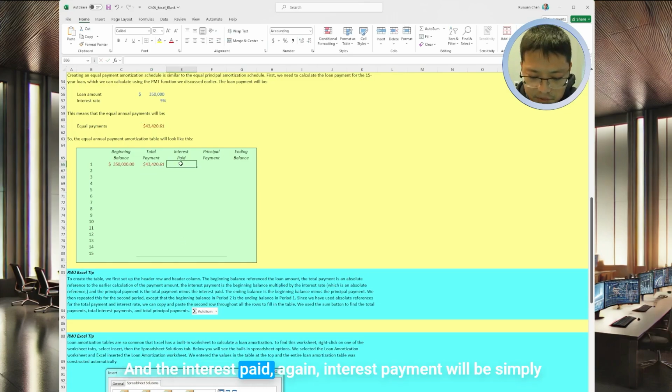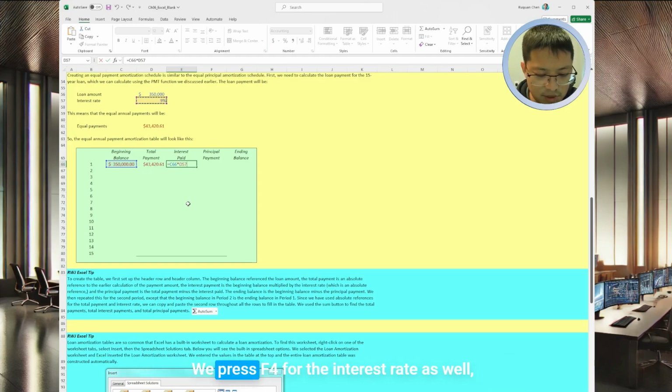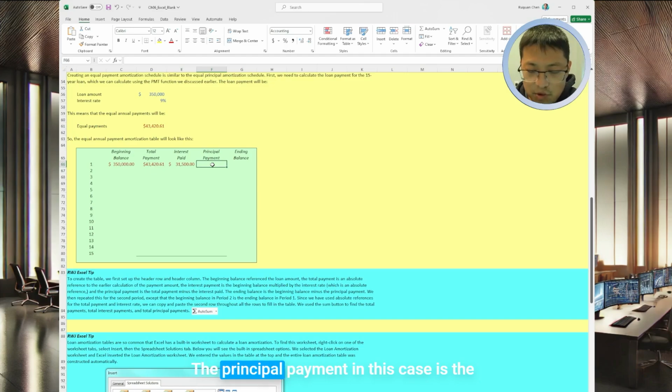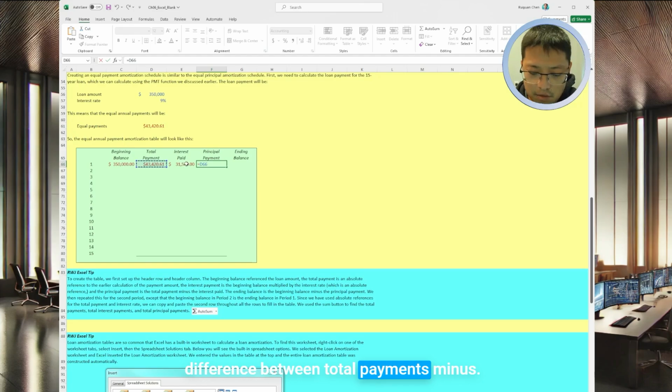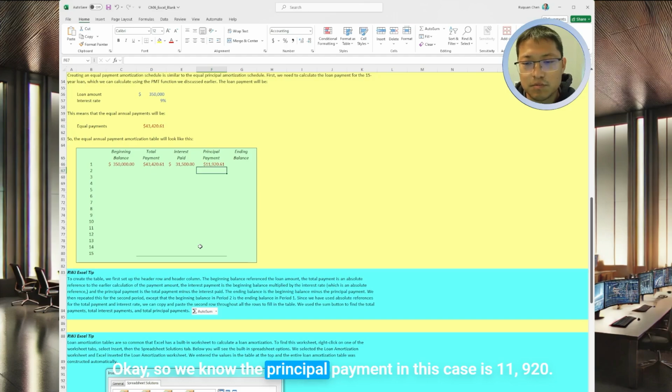The interest paid will simply be the beginning balance multiplied by the interest rate. We press F4 for the interest rate as well, so that we can always refer to this 9%. The principal payment in this case is the total payment minus the interest paid.